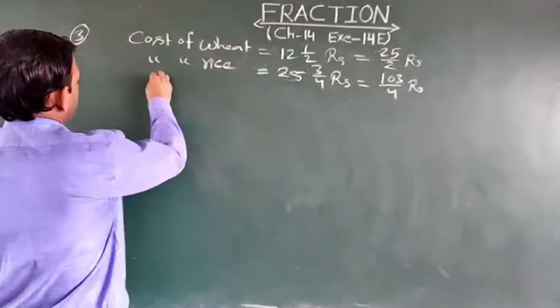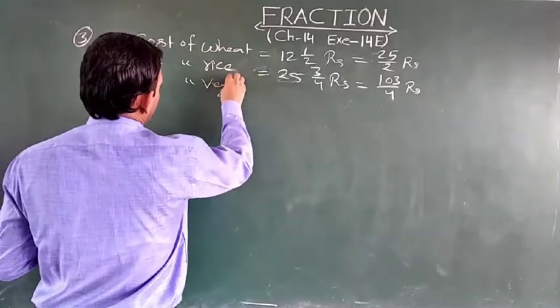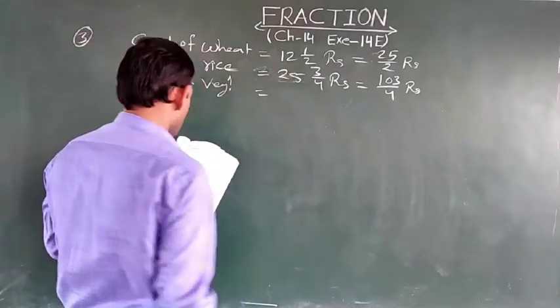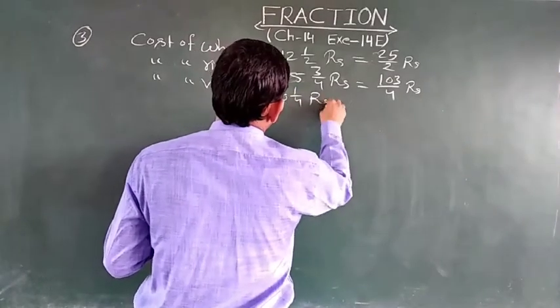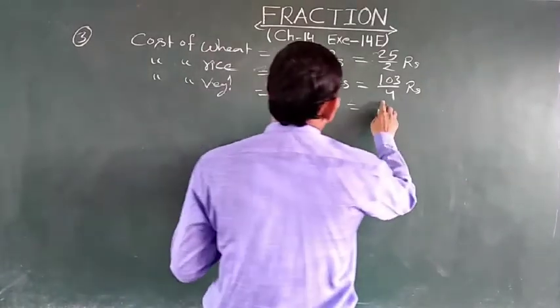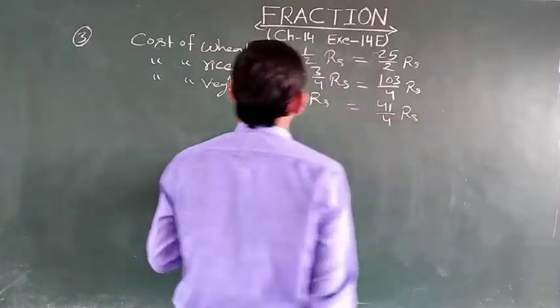And the cost of vegetables, it is given 10 whole 1 by 4 rupees. So it will be 41 upon 4 rupees. Okay.